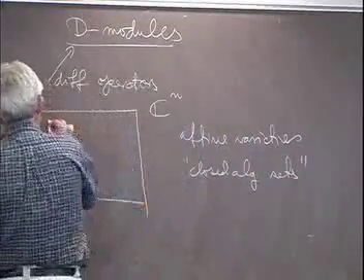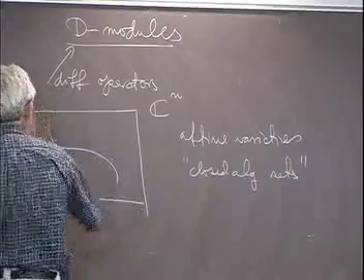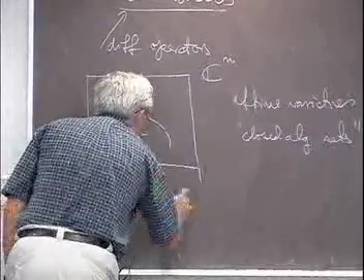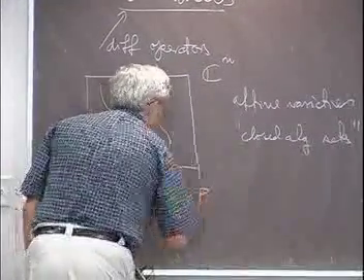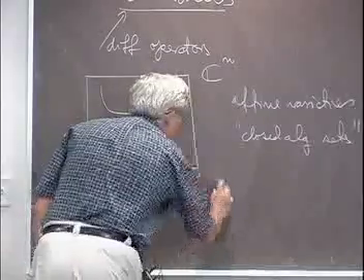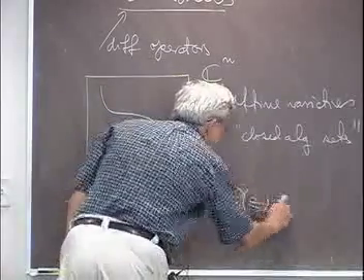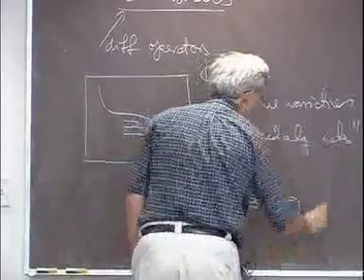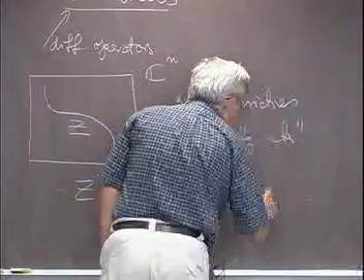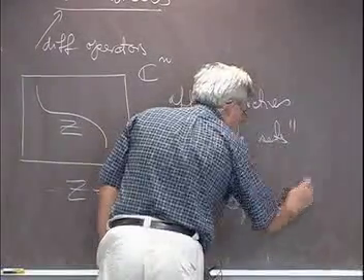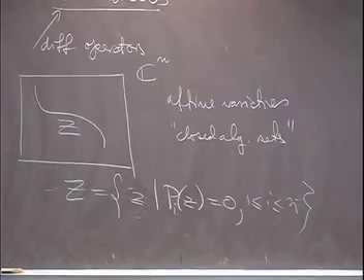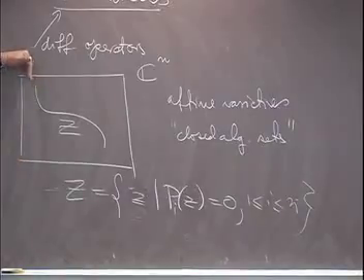So these are subsets Z of Cn, where Z is just the set of zeros of a bunch of polynomials P_i, where i goes from 1 to some number n. I mean, I can consider the whole ideal generated by these. So basically, we are studying on Cn.